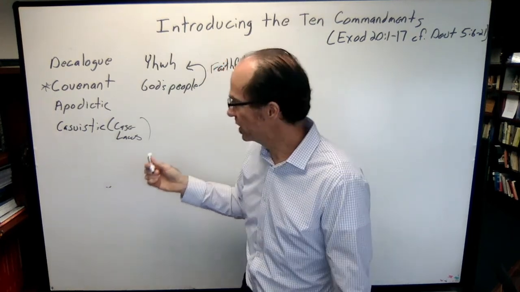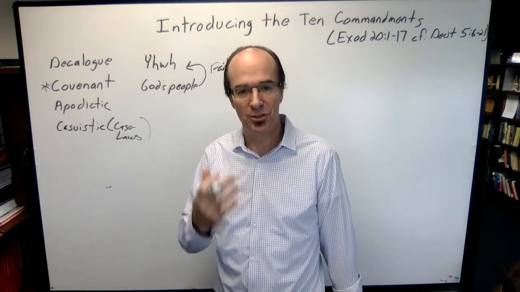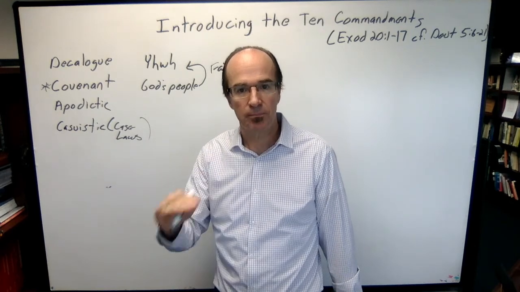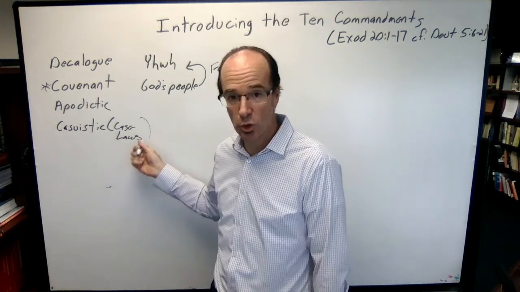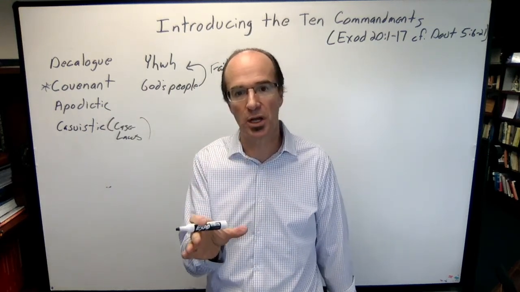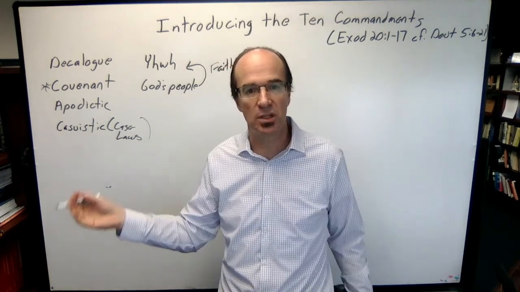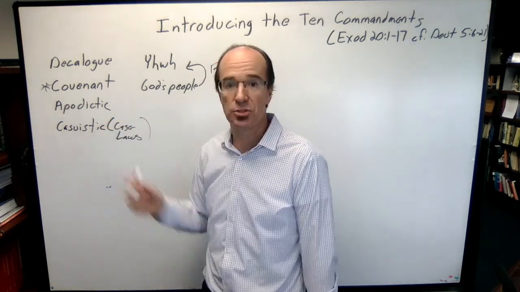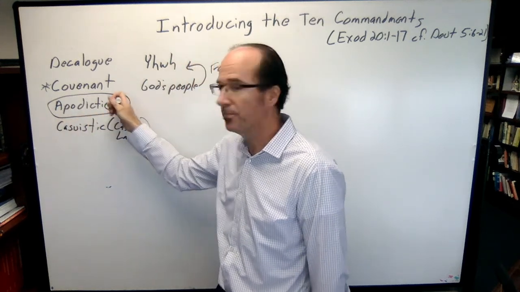So, for example, if your ox gores someone, and the Pentateuch has laws about that, there's different repercussions depending on the circumstances. So apodictic laws are sort of absolute expressions. Casuistic laws are more case-by-case applications of these absolute expressions. But these are what are found in the Ten Commandments.